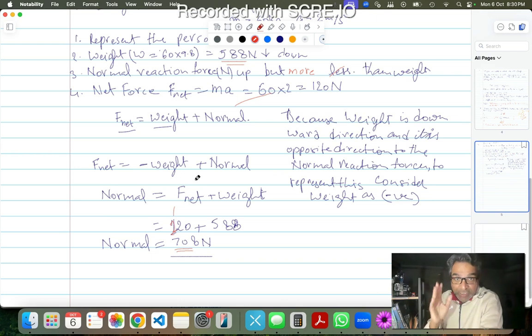Okay, the acceleration, remember, if there is a gap between forces, then only there is an acceleration. If we are moving upward, that means there is a gap between the weight and the normal reaction force, right? So if it is more, then only we are going upward. If it is less, then we are moving downwards.